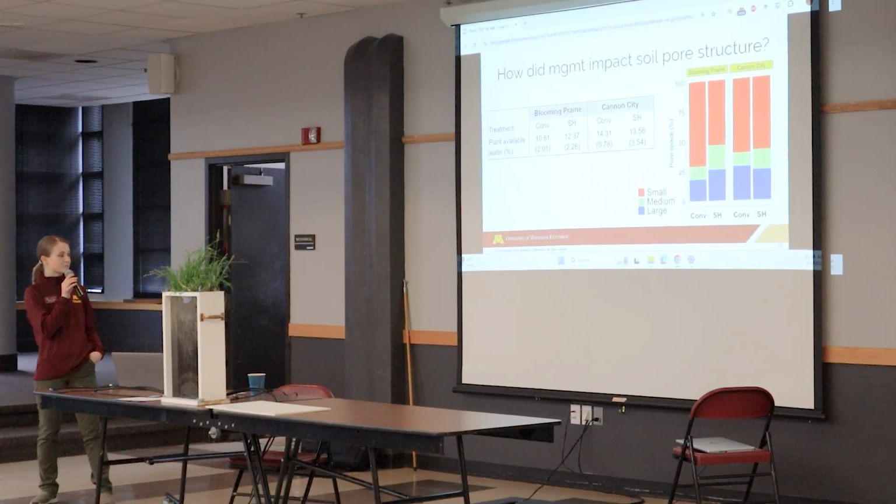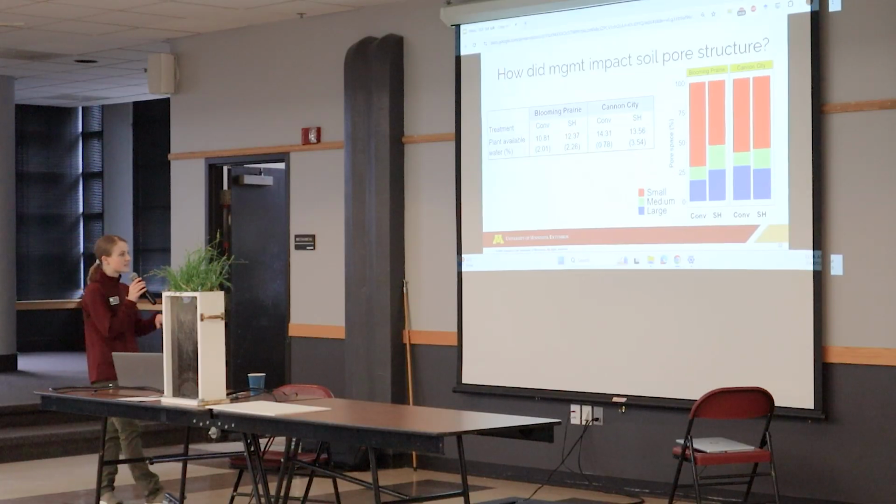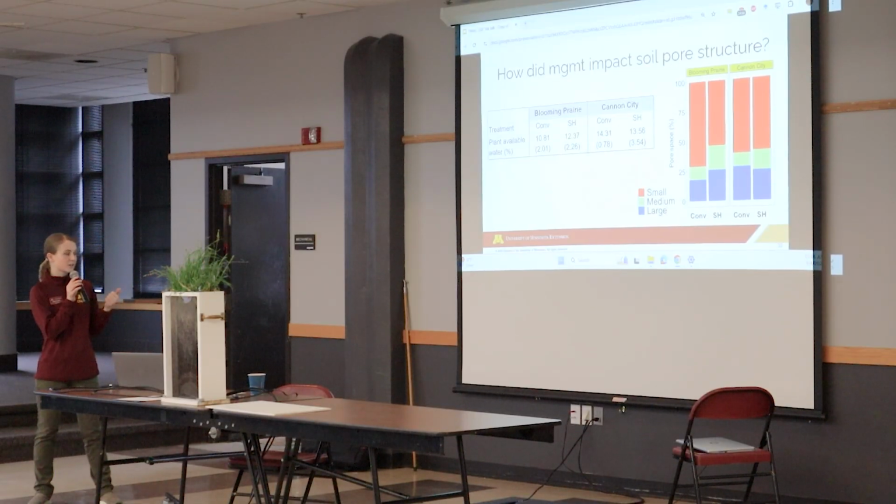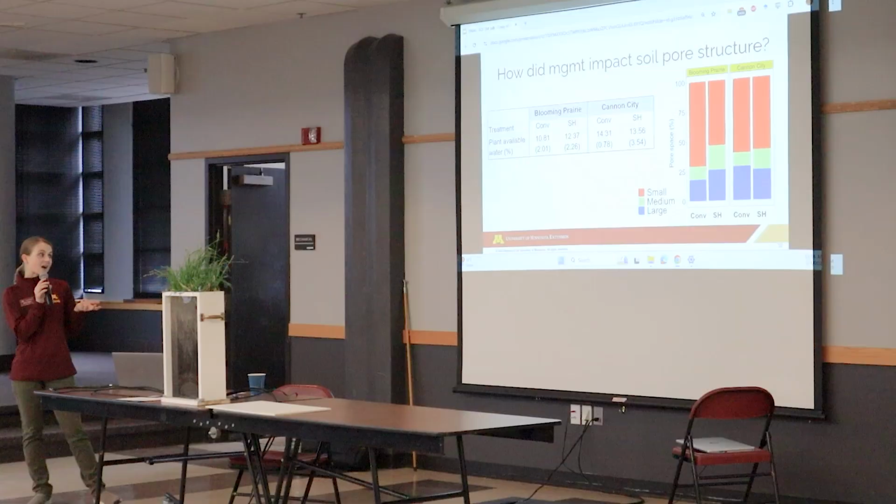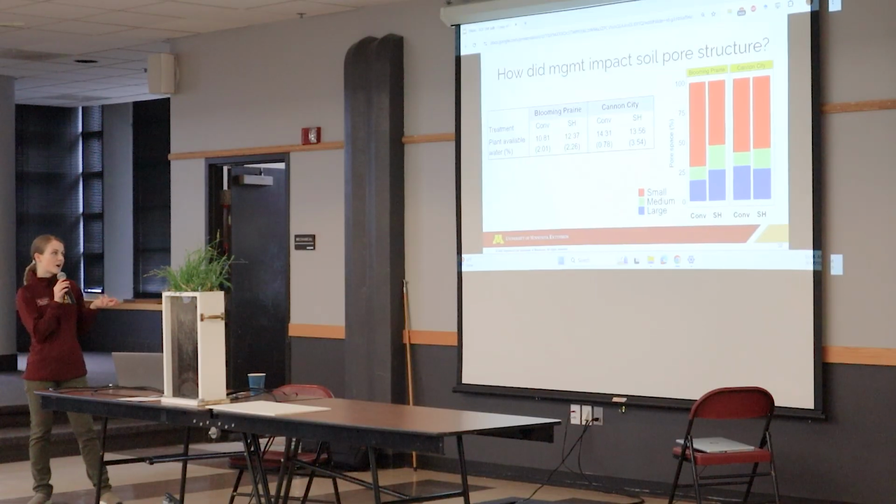But in the soil health systems, we saw more of these blue large pores and these green color-coded medium pores. So really increasing infiltration capacity, but then also what we thought would be increasing plant available water.